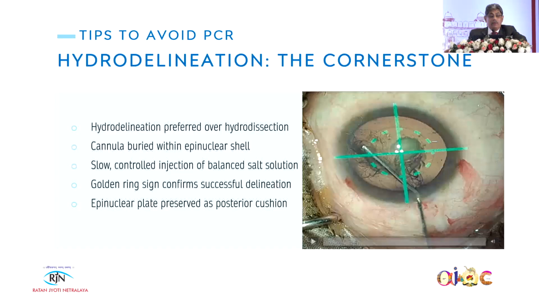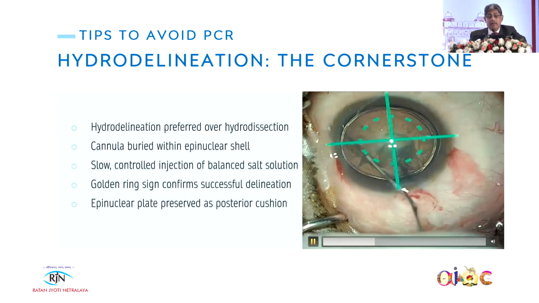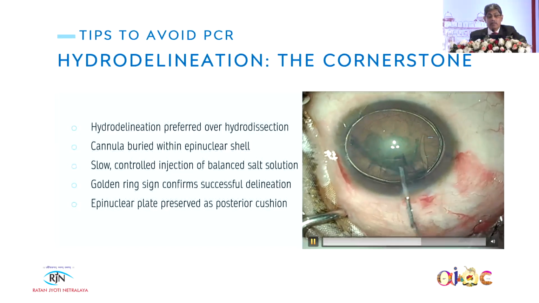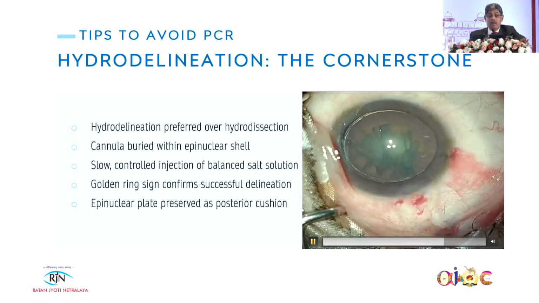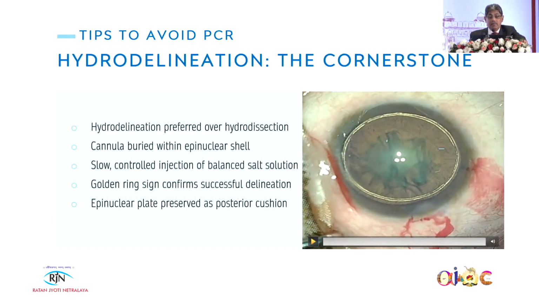Hydrodelineation is the cornerstone. The most important thing is to fill the chamber with viscoelastic and do the hydrodelineation. You never do hydrodissection in these cases. A thick golden ring should be there.